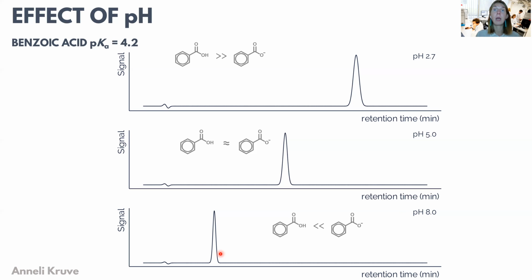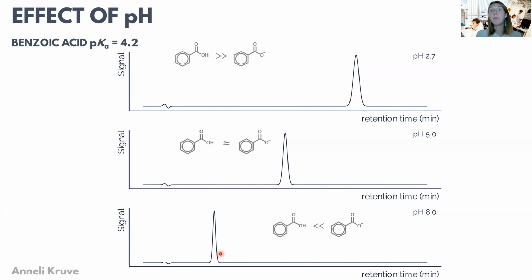The second thing is that when we try to separate compounds in liquid chromatography, and this is the key process that we need to do, we can achieve a lot by changing the pH of the mobile phase.